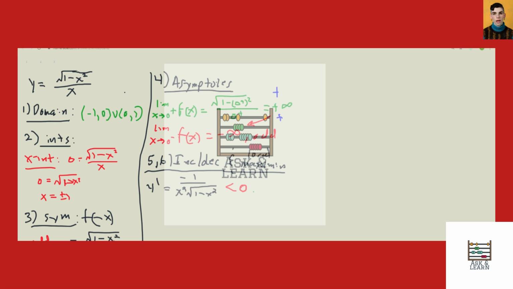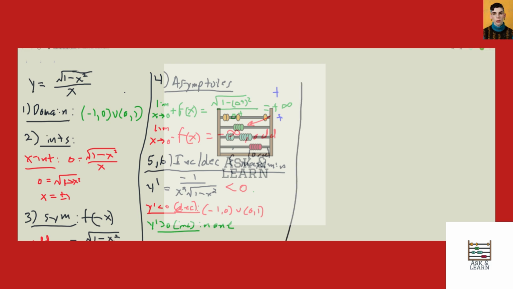Or you can go about how you would normally solve for these to see that as well. But we can make that little observation and say that our function will always be decreasing, or y prime is less than 0 on our entire domain, negative 1 to 0 union 0 to 1. And that tells us y prime is strictly larger than 0, or increasing, never.